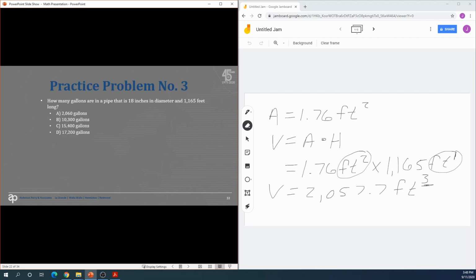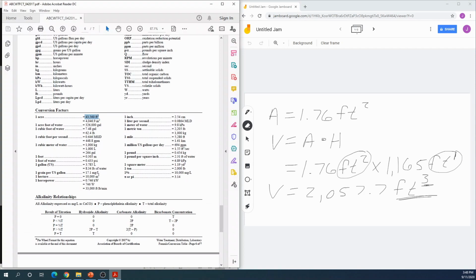So now, since we're tracking our units, again, we know we have 2,057.7 cubic feet, but now we have to take this and we have to convert it into gallons. So if we come back to our cheat sheet here, we know that 1 cubic foot of water is equal to 7.48 gallons.